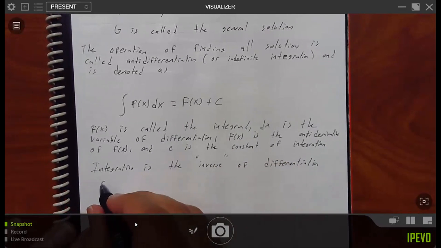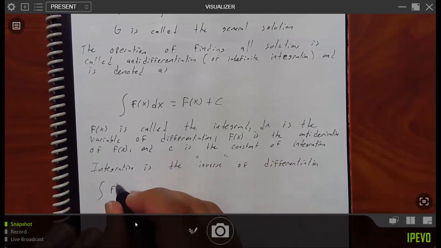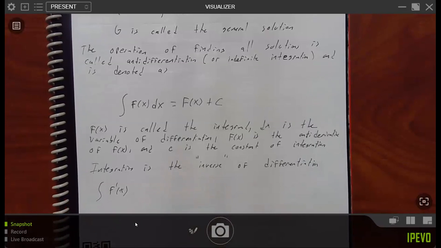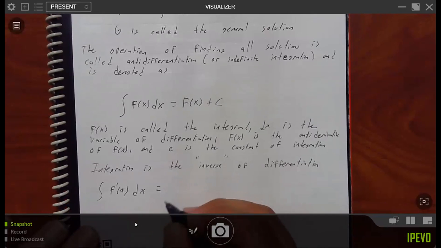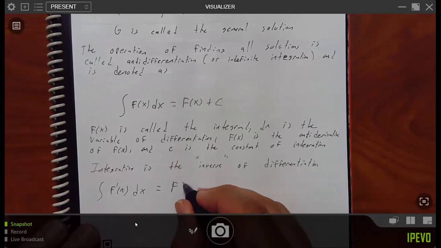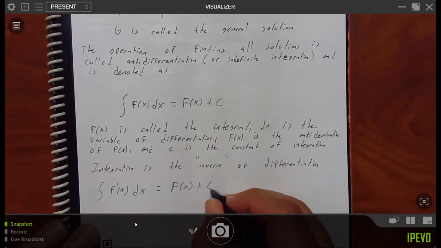So if you were to integrate something that had a derivative, the integral of f prime of x dx would simply be f of x plus c.